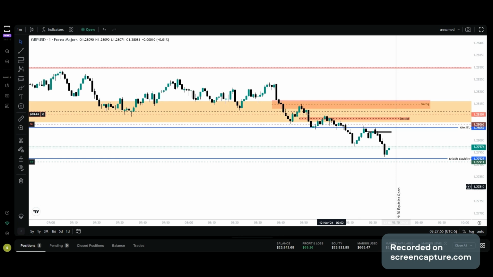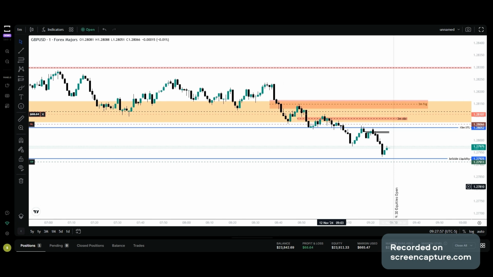All right, 3 minutes until equities open. And I like to see price just snap down there below sell side liquidity at the open.